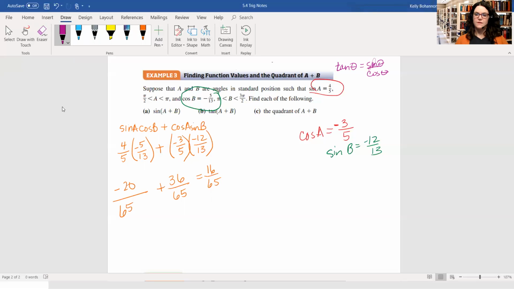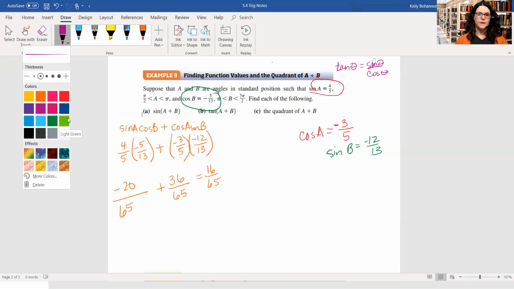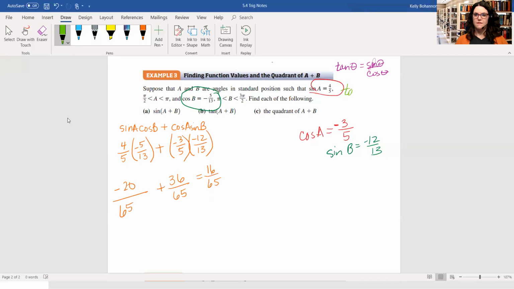In this case, tangent of A is going to be sine of A, which is 4/5, divided by cosine of A, which is -3/5. So we keep, switch, flip, those cancel, and tangent of A is -4/3.